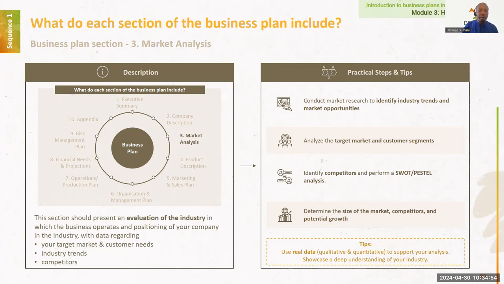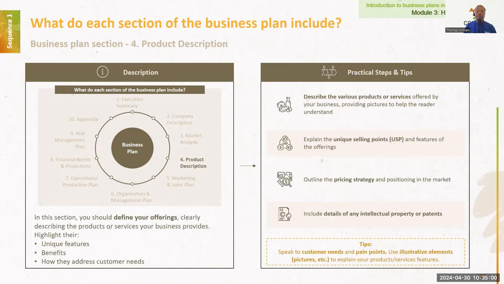The next thing we move to is your product. Your product description. Write down what your various products or services are. If you have pictures, put them up there, right?